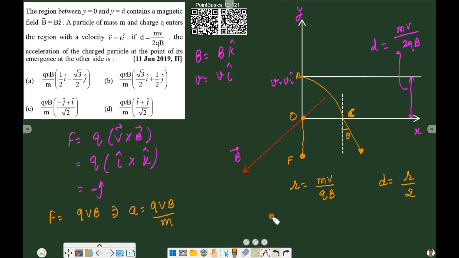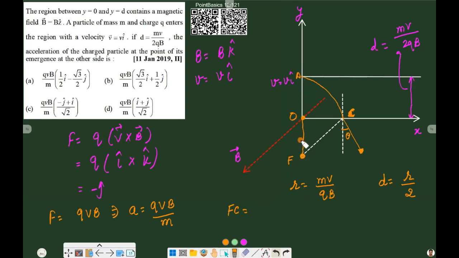Now if we join these two points like this, then FC will also be equal to the radius of the charged particle, because till point C the particle is rotating in the circle. So distance FA is equal to the radius, and FC is also equal to the radius. Now let's find the other distances. FC is equal to AF.